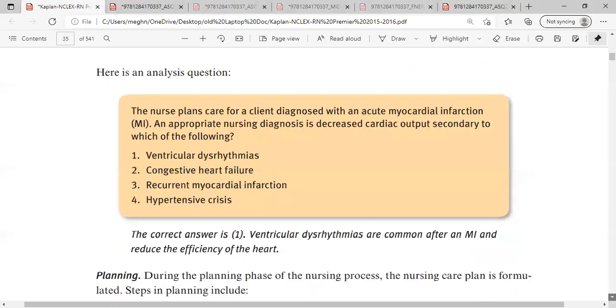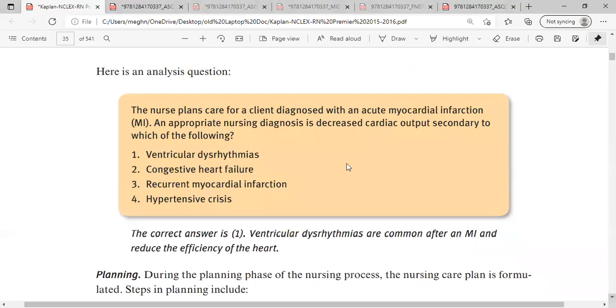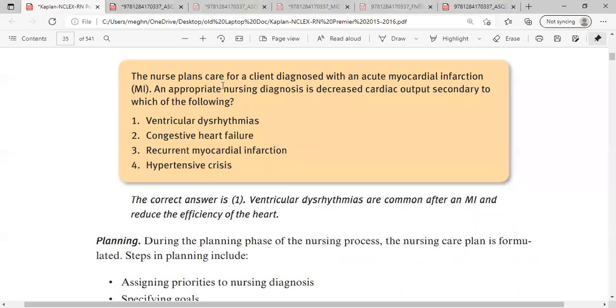Here is a question about the analysis. The nurse planned care for a client diagnosed with an acute myocardial infarction, right? An appropriate nursing diagnosis is decreased cardiac output secondary to which of the following?